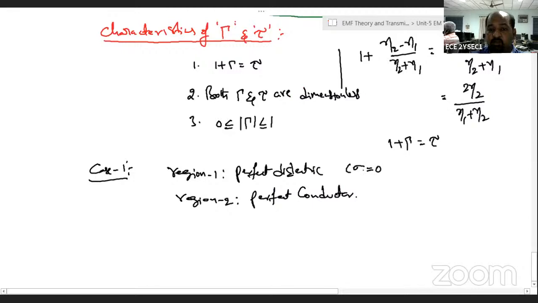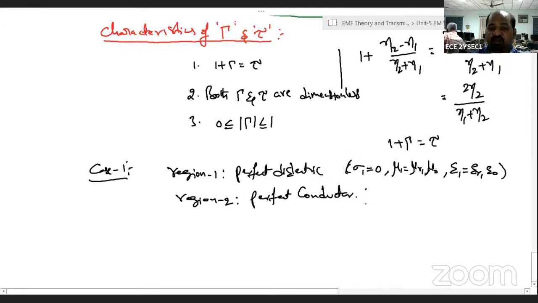For region 1, sigma 1 is equal to 0, mu 1 is equal to mu r1 mu naught, and epsilon 1 is equal to epsilon r1 epsilon naught, right? These are the characteristics.